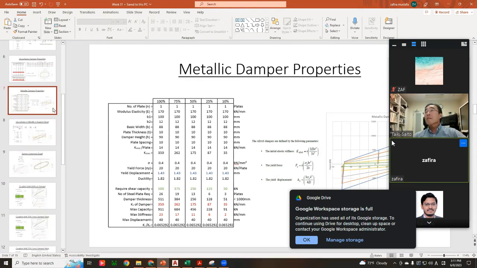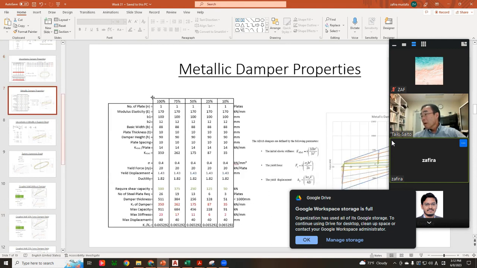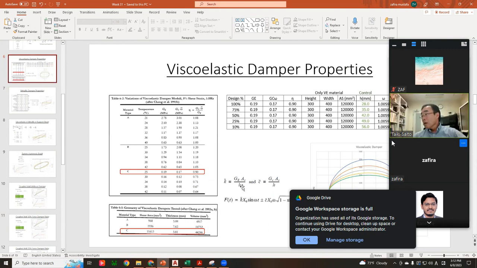Because the main damper will be viscoelastic, right, Sensei? For example, here the viscoelastic performs at 400 kilonewton, and metallic. Could you go back one slide? How much is omega for viscoelastic here? This one. How did you decide?